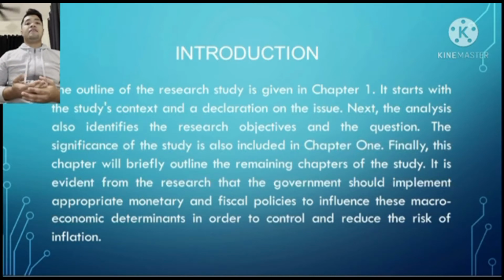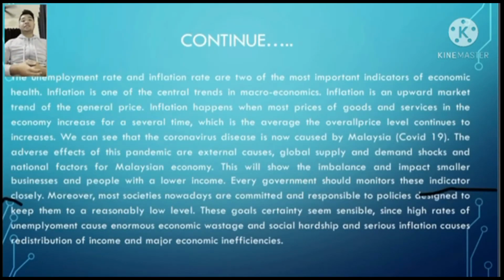It is evident from the research that the government should implement appropriate monetary and fiscal policy to influence this macroeconomic determinant in order to control and reduce the risk of inflation. So we go through to the second slide.